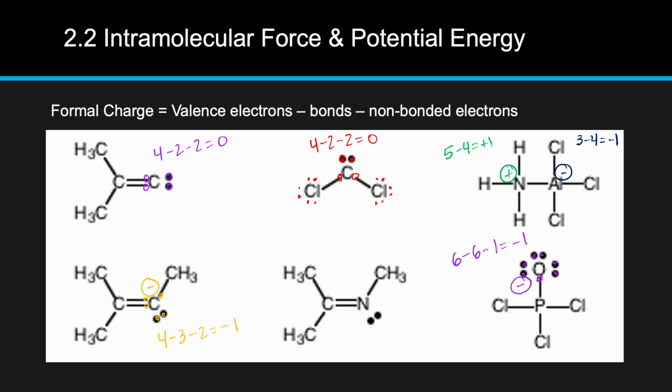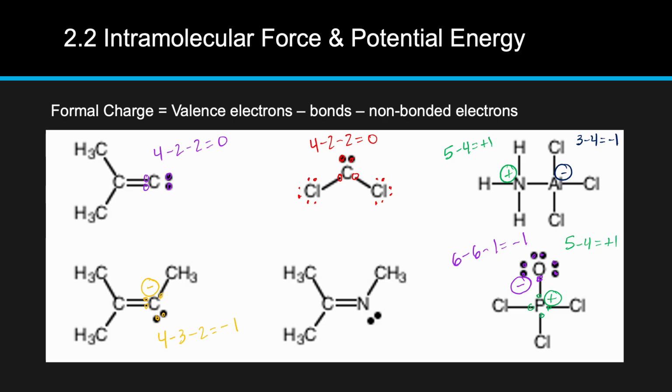So this oxygen has a -1 charge. And then looking at this phosphorus, it's in group 15 with 5 valence electrons minus its 4 bonds. So this has a +1 charge. So again, overall molecule has a charge of 0 just because they cancel out.